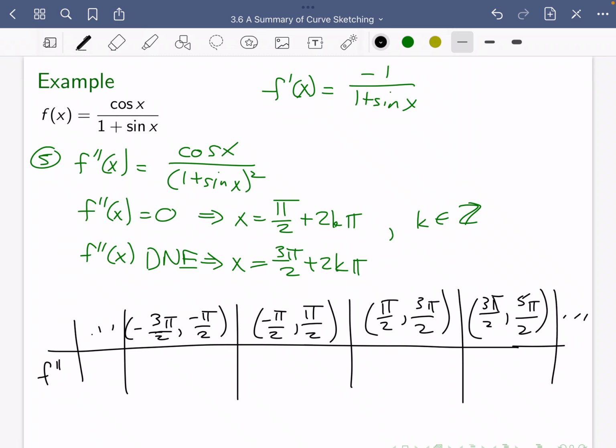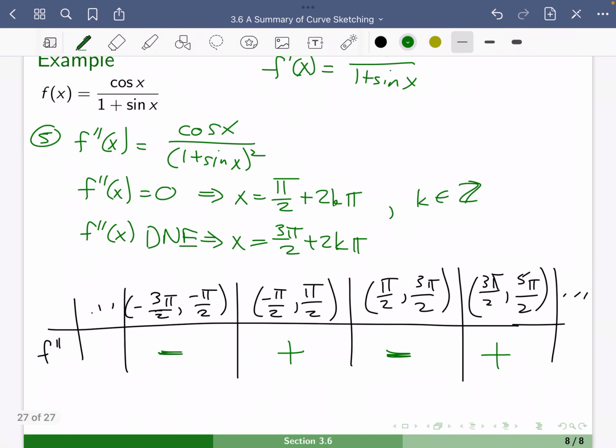From negative 3 pi over 2 to negative pi over 2, plug in something there, and we will get a sign for the second derivative that is negative. Plug in something between negative pi over 2 and positive pi over 2, we'll get a positive, and then a negative, and then a positive, alternating.